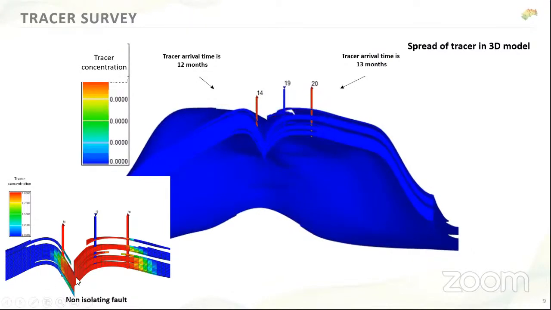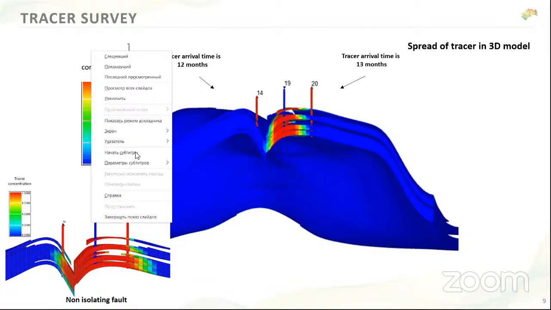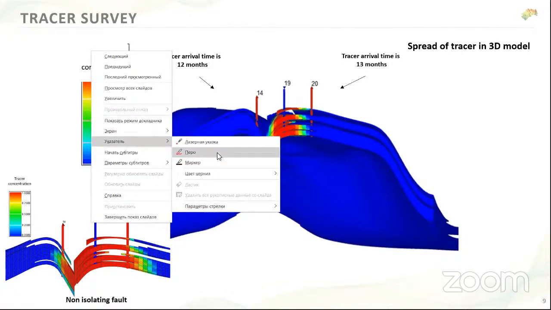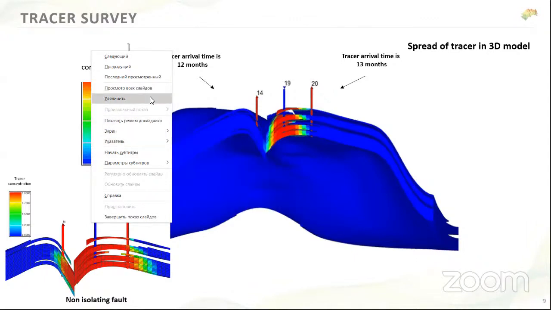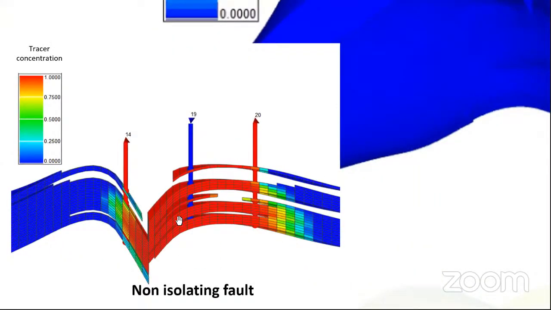Because the injected water and the pressure pulse here would go both ways. Maybe I should zoom in actually. Pressure pulses would go both here and here, but here we have a fault. So all the pressure which goes here will spread to the three parts of the reservoir and will not be able to go here. The pressure disturbance will go only through this part of the reservoir.